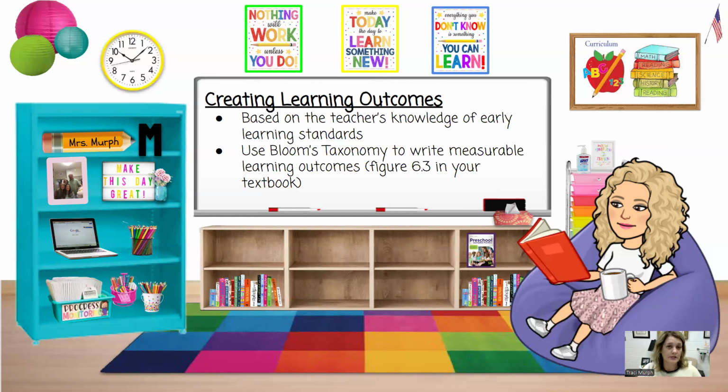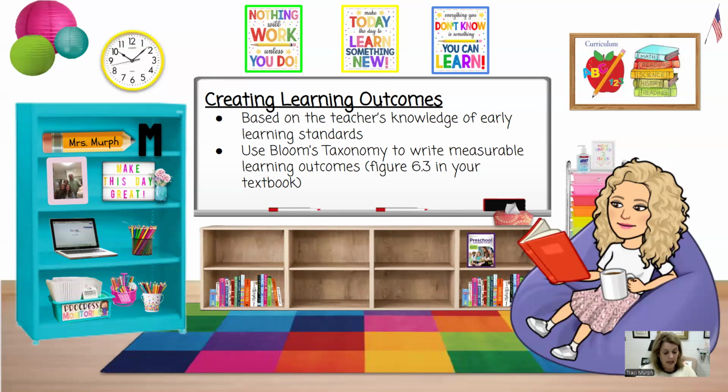It's important, I think, when you are creating these learning outcomes to keep Bloom's taxonomy in mind. If you look on page 126 of your textbook, but also figure 6.3, you're going to see Bloom's taxonomy. It's like a pyramid, and it's a level of understanding, essentially. If you've been in CHD 100, we already talked a little bit about Bloom's taxonomy and did an activity about it.